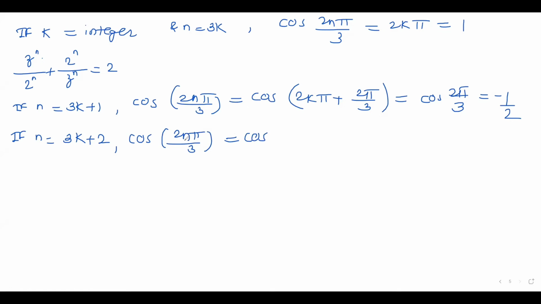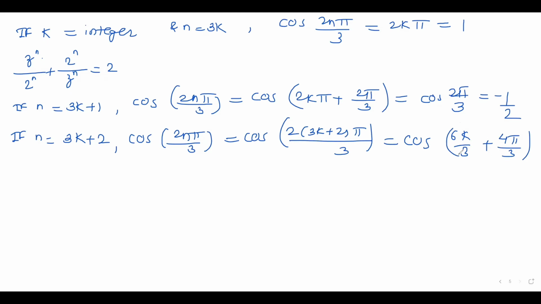if you didn't understand here, I do it here: this will be 2 into (3k plus 2) into pi by 3. Simplify this, it will be nothing but cos of (6k by 3) pi plus 4 pi by 3.